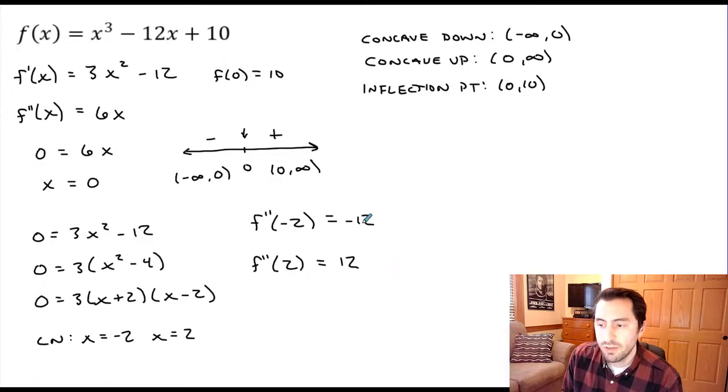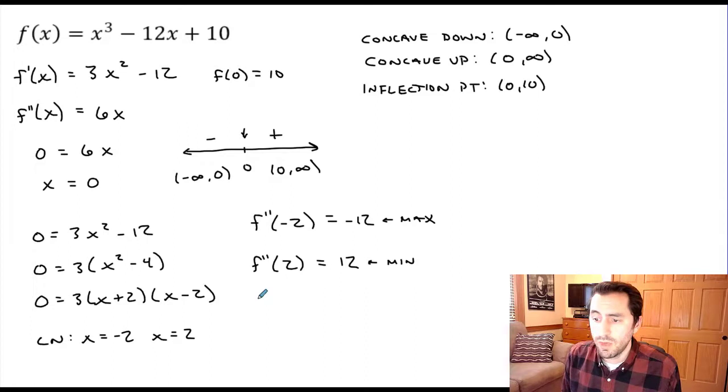If our second derivative is negative, that's going to indicate a local maximum. And if our second derivative is positive, that's going to indicate a local minimum. And why don't we find our function values at these two x values so we can be more specific when we indicate our local extrema.